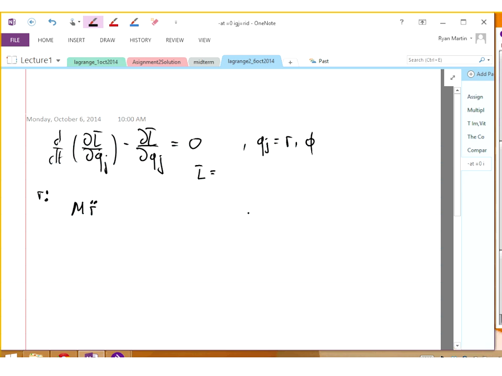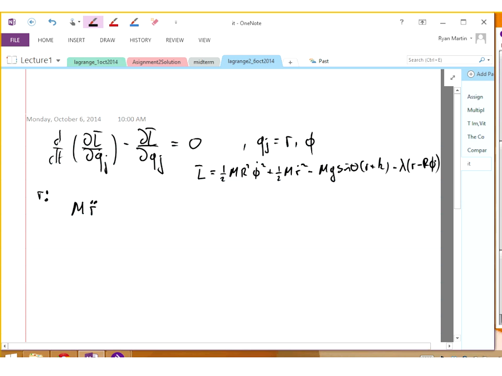A half m R squared phi dot squared plus a half m r dot squared minus mg sin theta r plus k, minus lambda times little r minus R phi.